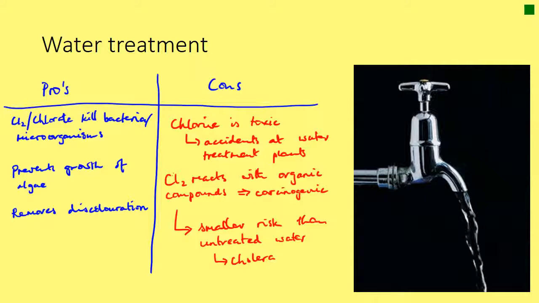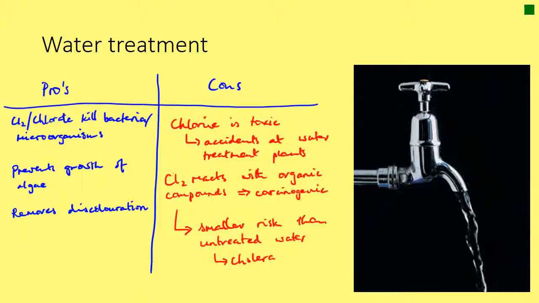So some of those chlorinated hydrocarbons are carcinogenic, which is obviously a risk, but it is generally accepted that it is a much smaller risk than the untreated water. But nevertheless, it requires us to assess pros and cons before we make a decision.